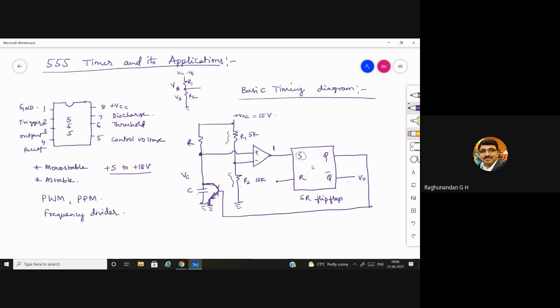When it is lesser compared to the voltage across the non-inverting terminal, automatically the output goes to 0. When the output goes to 0, Q will be 0. When Q is 0, then the base will be 0.